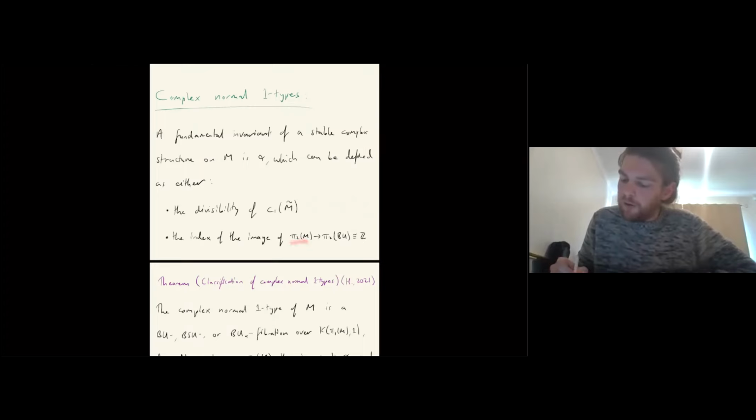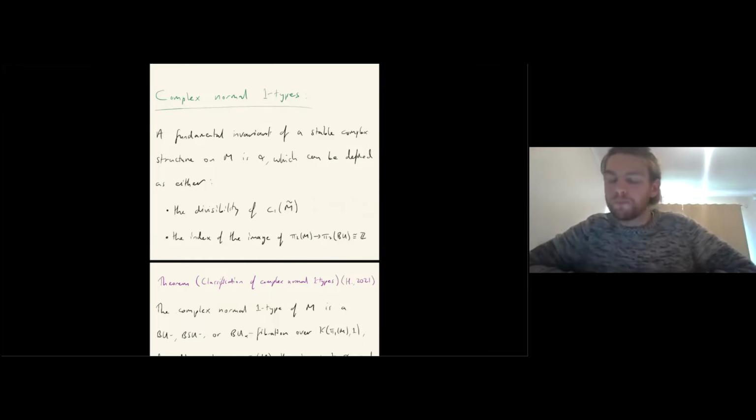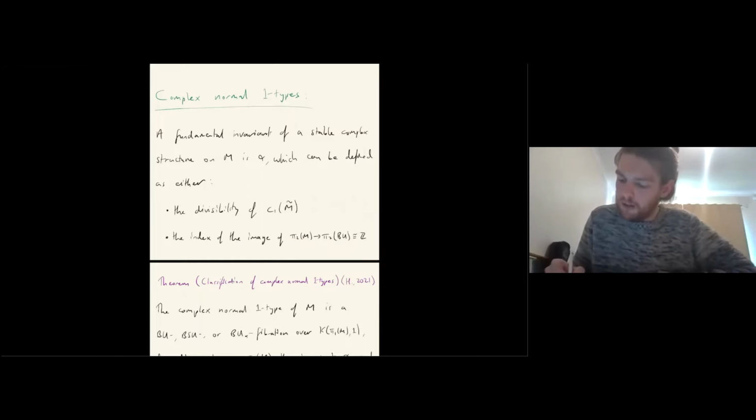So you get a map from pi 2 of M to pi 2 of BU, but pi 2 of BU is isomorphic to Z, and you look at the image of this map. This is strongly related to the first Chern class. The index of this image is going to be our alpha.